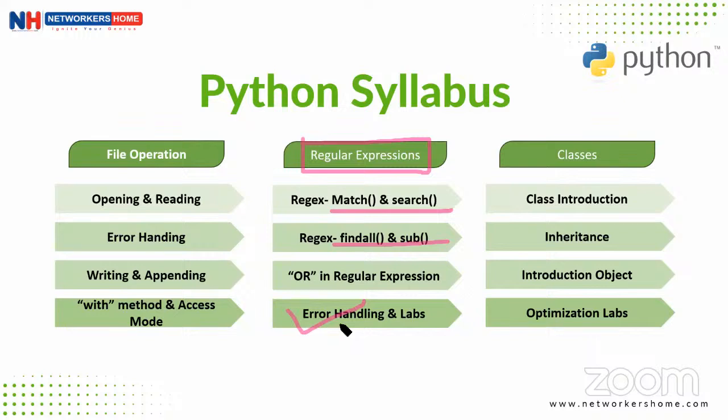Then next we will discuss classes. Okay, classes and object-oriented programming with Python. What is the key factor you need to understand while working with network automation scripting? So we'll have an introduction to classes, and how to inherit the capabilities or features we have declared in a class.